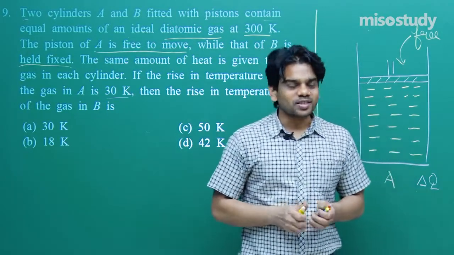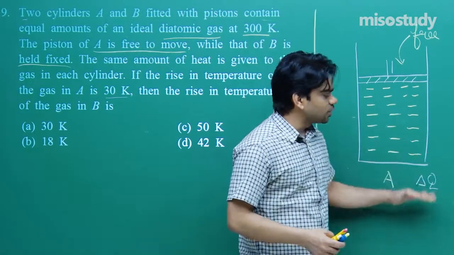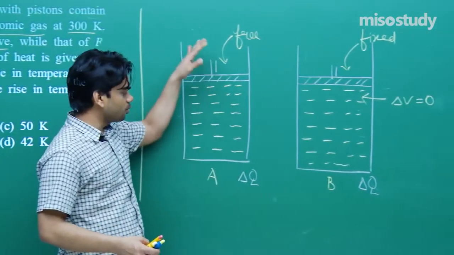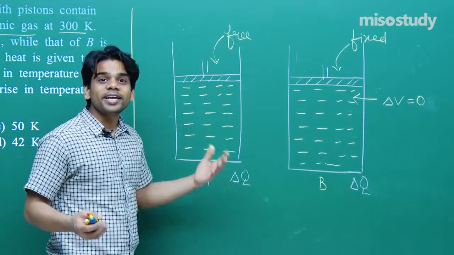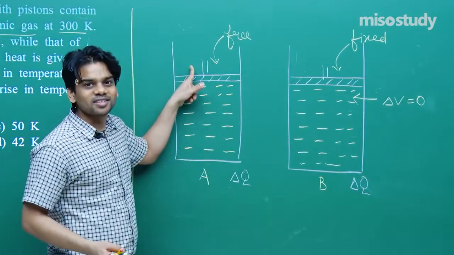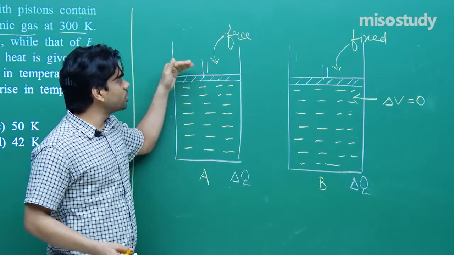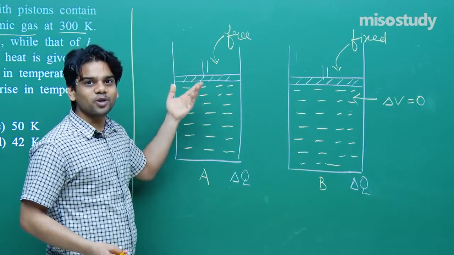How to use it? Now see, when you supply heat energy to A, it's free to move. Whatever heat energy you are supplying, the pressure will remain constant, that is the atmospheric pressure.